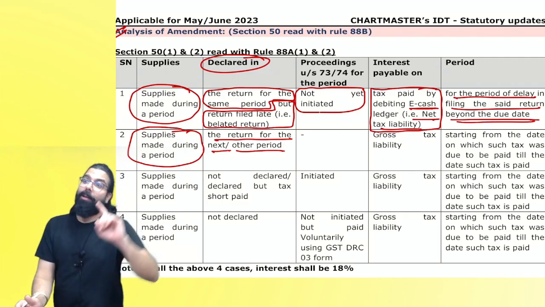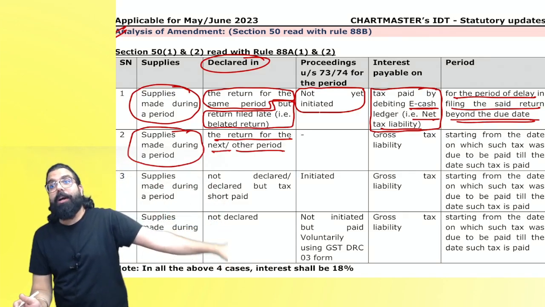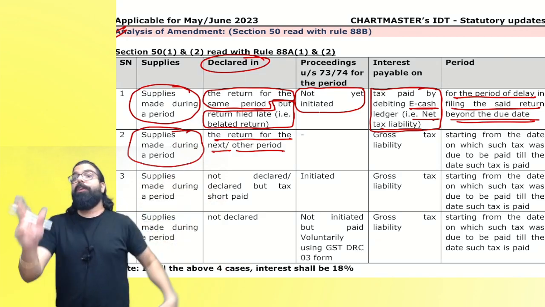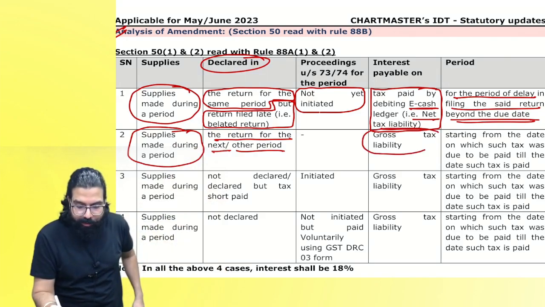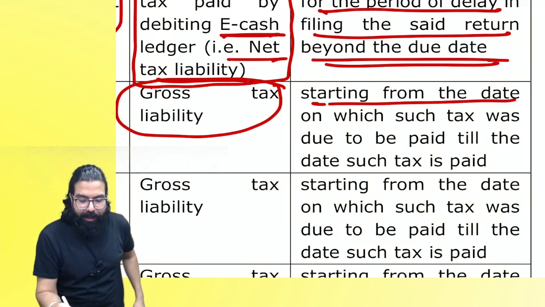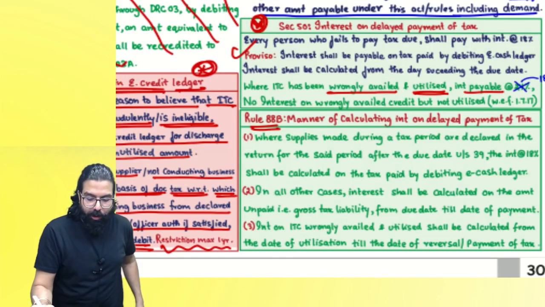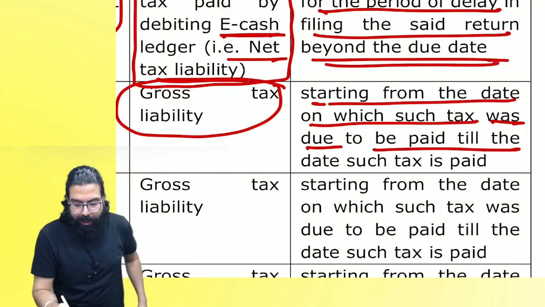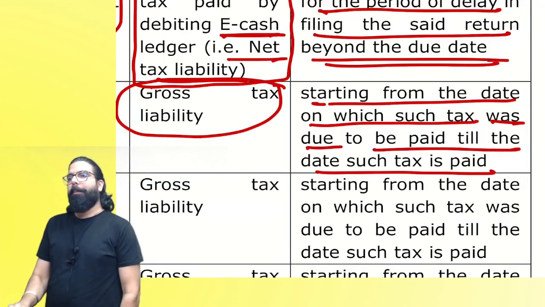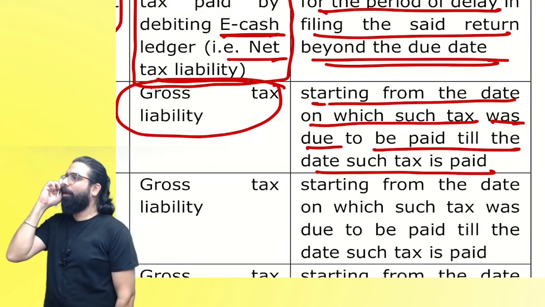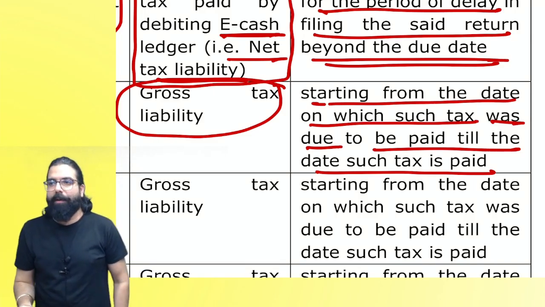This month's sale, if you showed it in next month's return or next to next month's return, then you have to pay interest on gross tax liability, starting from the day when the tax was due. When was this tax due? Here. But you went ahead and paid when? Till the date when such tax is paid. This is not an amendment only. This was already there.